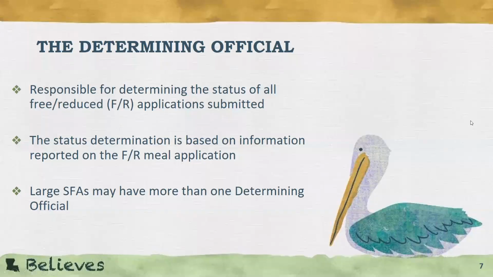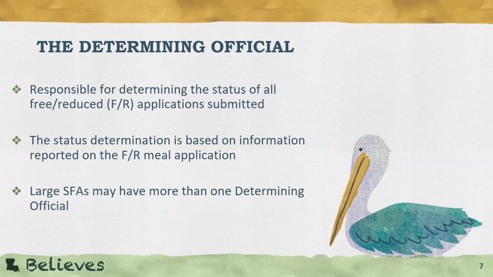The determining official determines eligibility status of all free and reduced applications using the information provided on the applications. They will sign all applications as they process them. The determining official may not be the pre-verifying or confirming official, who will conduct a second-level review of all applications selected for verification.